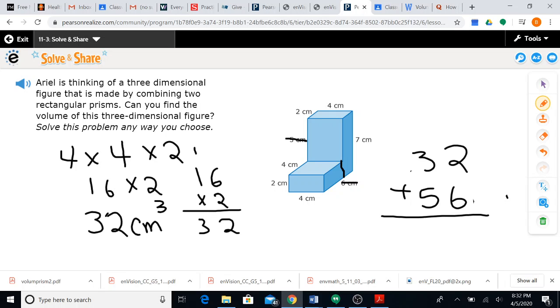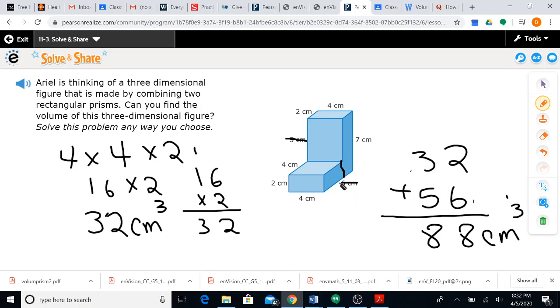So I have 6 plus 2, which is 8. And I have 5 plus 3, which is also 8. So I have 88 centimeters cubed. That means the volume for this entire figure is 88 centimeters cubed.